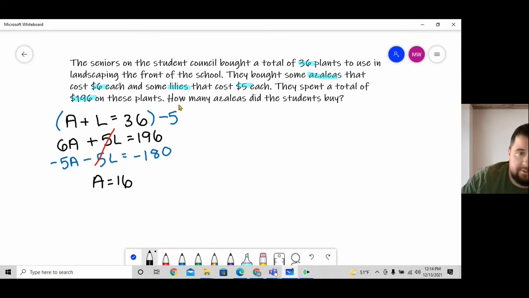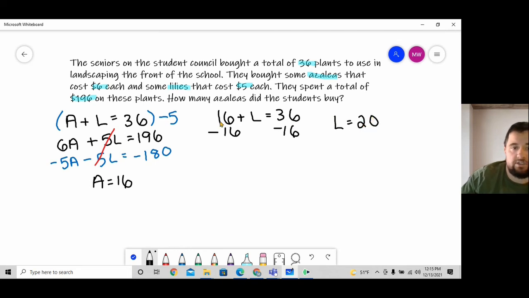I'm going to take that 16 and plug it in. 16 plus L equals 36. Subtract 16 from both sides. L equals 20. Let's check it against our second one.